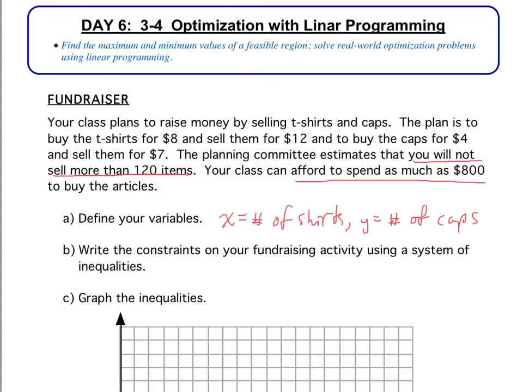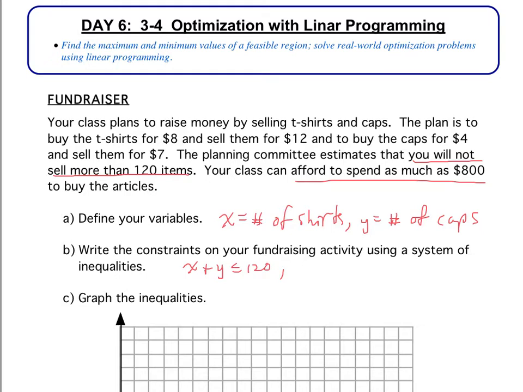Alright, constraints. The first one, you will not sell more than 120 items, means that the number of caps plus the number of shirts has to be less than or equal to 120 pieces. Okay. Next, you cannot afford to spend as much as $800.